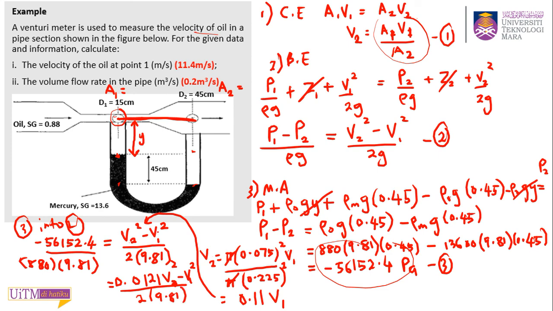Okay, so 0.0121 minus 1, you will get minus 0.98. Divide by 2 times 9.81.